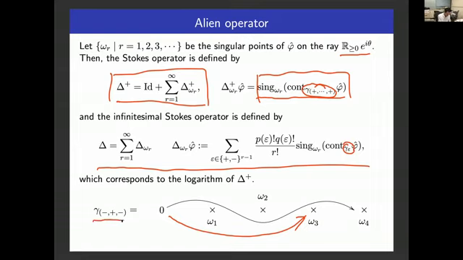So here as an example, the path gamma minus plus minus is written here.